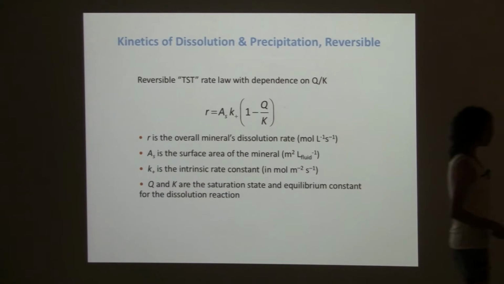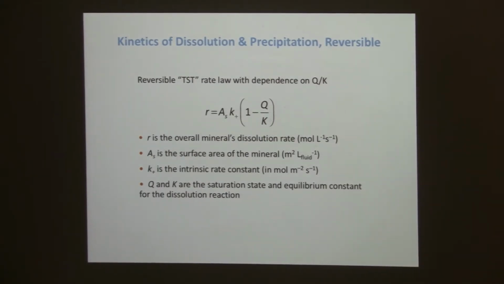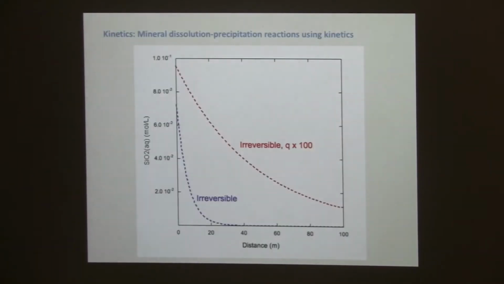All right, so what does this mean to us in the world? Well, previously we looked at this slide, and we understood that if we have a relatively fast, irreversible reaction, versus the same reaction in a faster flow field, we shift up and down in terms of where we see that change in concentration with respect to distance.